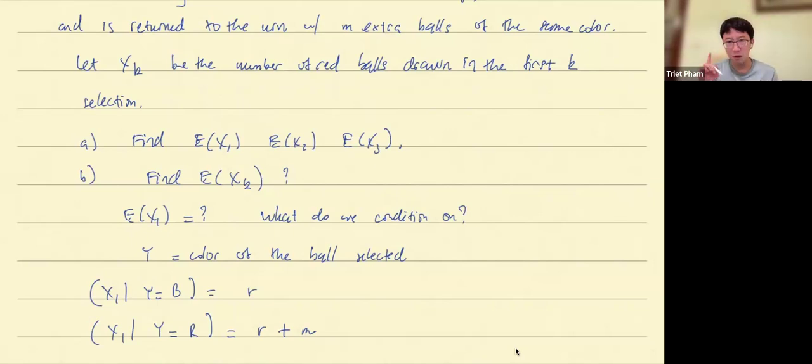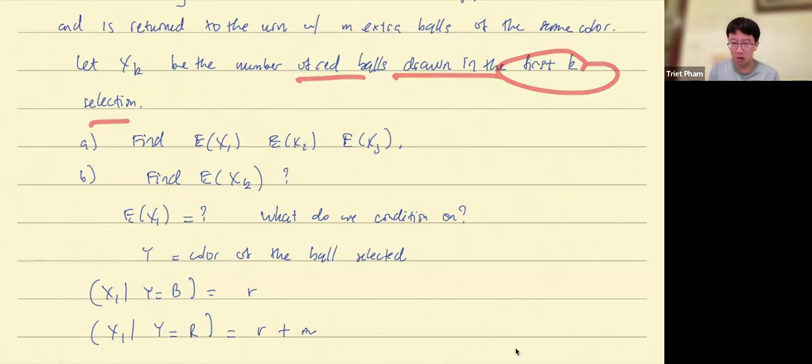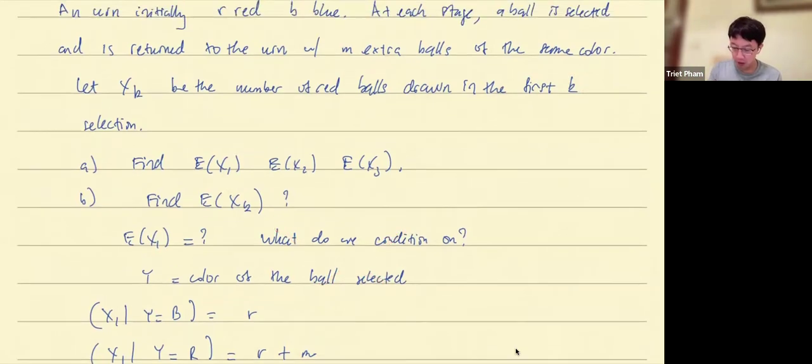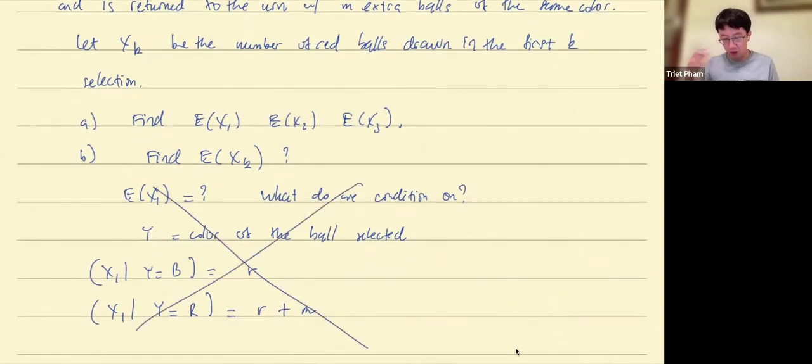This is not about the number of red balls in the urn after K selections. It is the number of red balls drawn in the first K selections. So the language is actually very clear on this. I was thinking about the number of red balls in the urn after K selections.